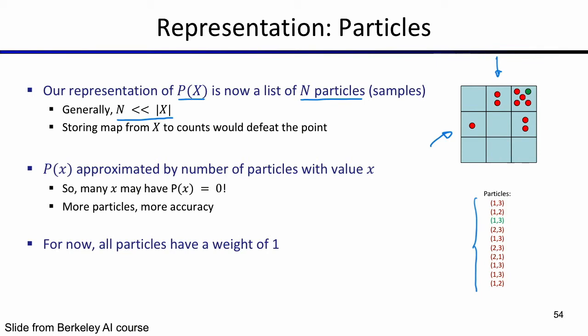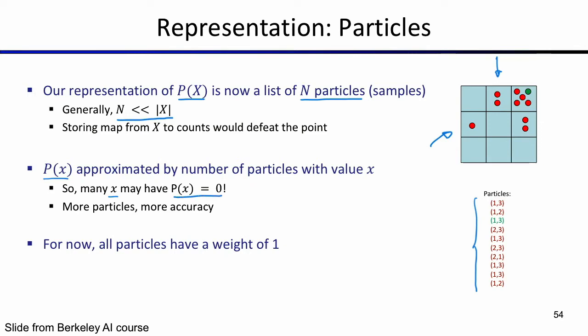So we're going to use the number of particles with a value x to approximate P of x. We're going to count how many particles we have with value x over the total number of particles. As we know that the number of possible states is much larger than the number of particles, we can expect that many x will have probability equal to 0.